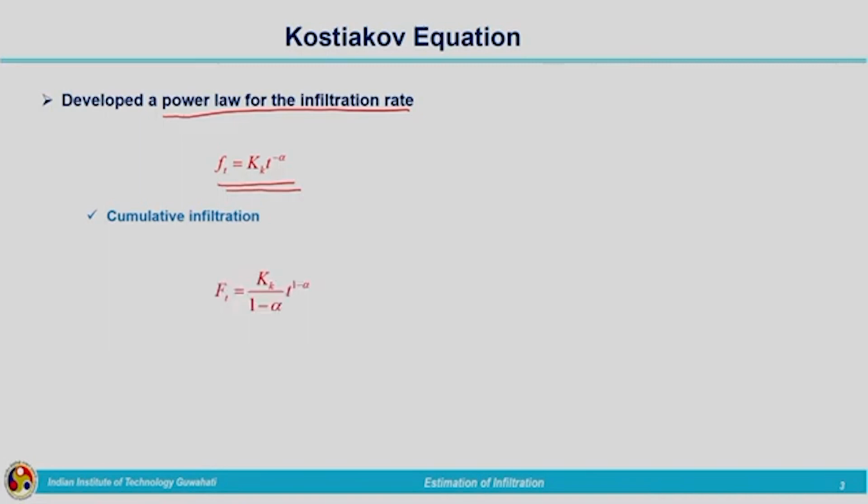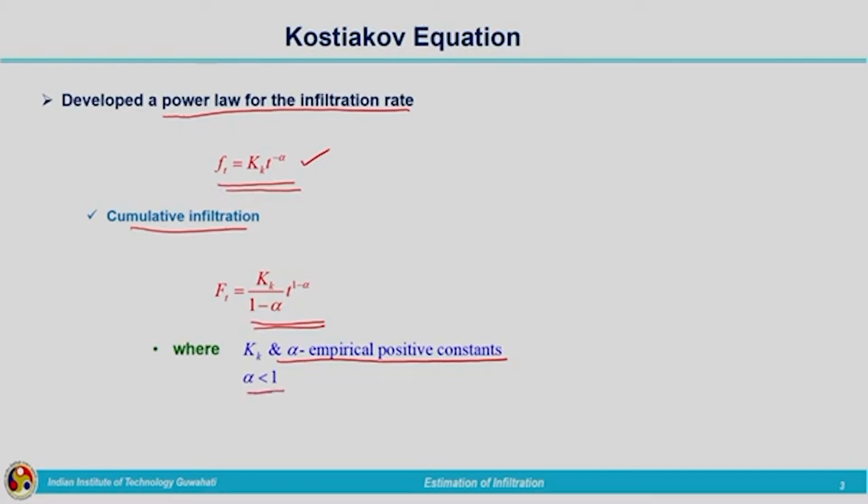So capital F of t, that is our cumulative infiltration, is given by the expression k divided by 1 minus alpha, t to the power of 1 minus alpha. This we can obtain by integrating the infiltration rate equation. In these equations, k and alpha are empirical positive constants and alpha is always less than 1.